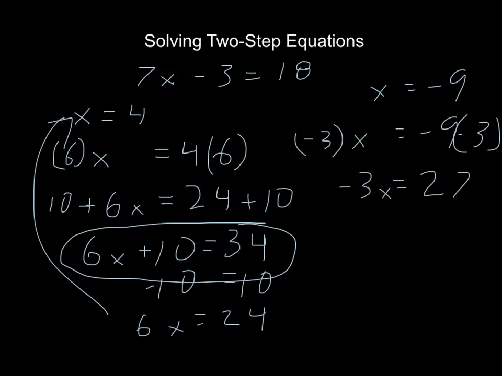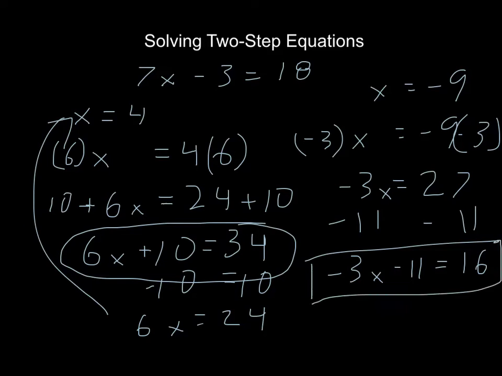And if I wanted to subtract 11 from both sides, I would get negative 3x minus 11 equals, I think that's 16. And then maybe I would see this type of problem, and they would say solve for x, and I'd have to do those steps in reverse order in order to find out that x in fact equaled negative 9.